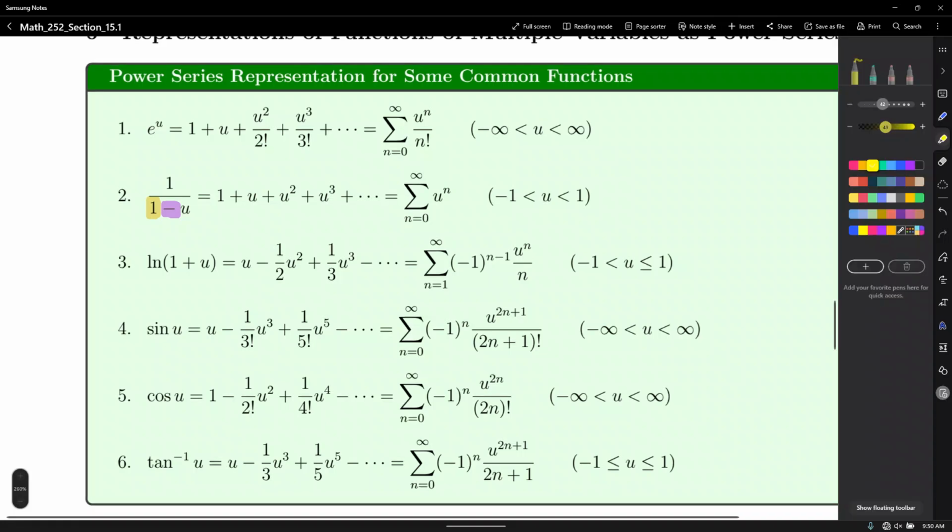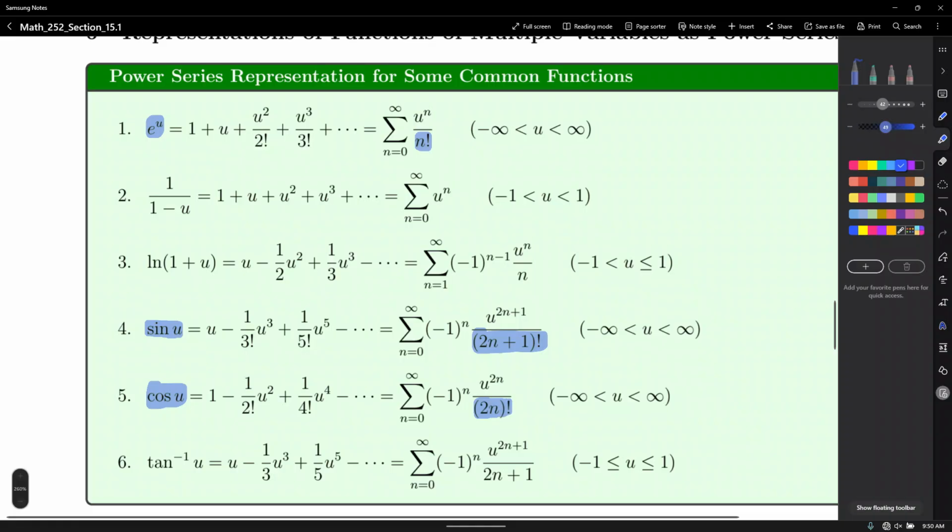The exponential function has an n factorial in the denominator. The sine function has a 2n plus 1 factorial. That is an odd factorial because it's an odd function. You can relate it to that. The cosine function has a 2n factorial.